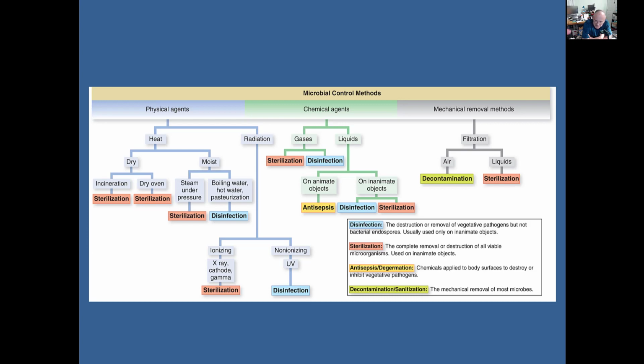So anyhow, we can't spend too much time on that. Liquids, there are disinfectants. There are some sterilizations that you can do with liquids on inanimate objects. You usually have to immerse them. Again, they're probably not going to have electronics on board.